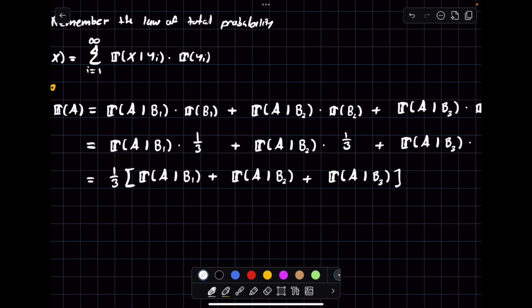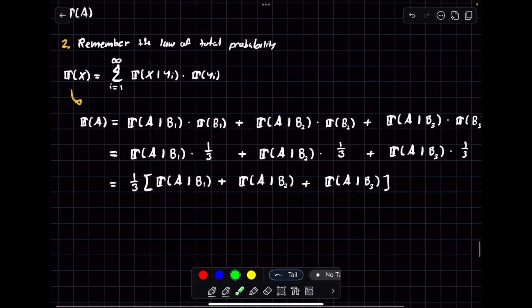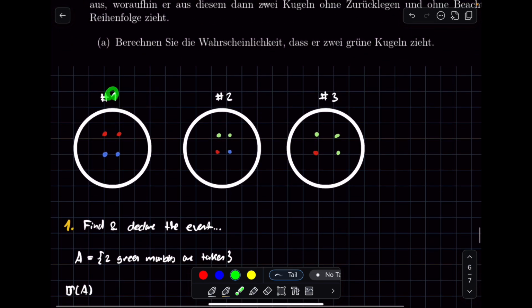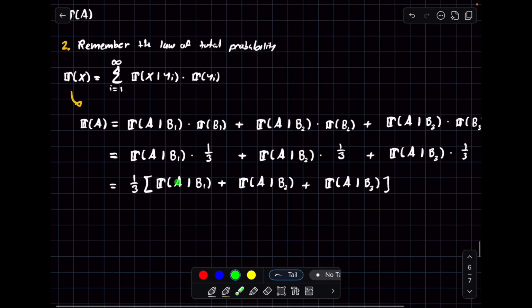Now that we have this, how do we find these different conditional probabilities? Well, the first one's really easy, because bag 1 has no green marbles, so the probability of us getting 2 green marbles from bag 1 is 0.